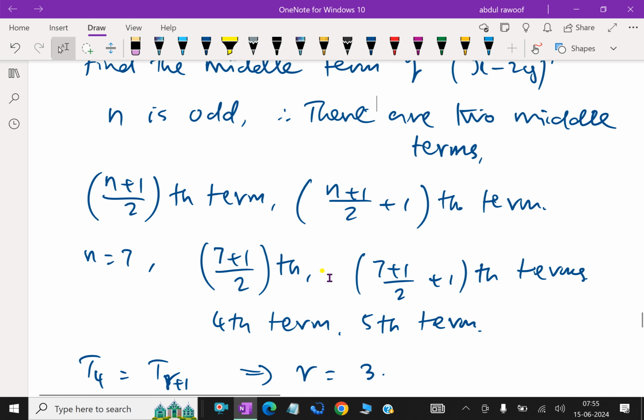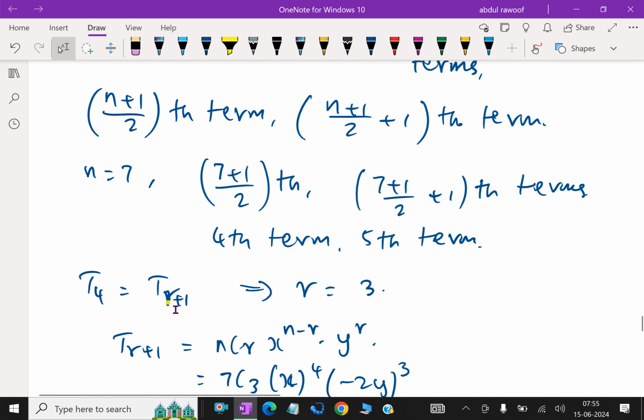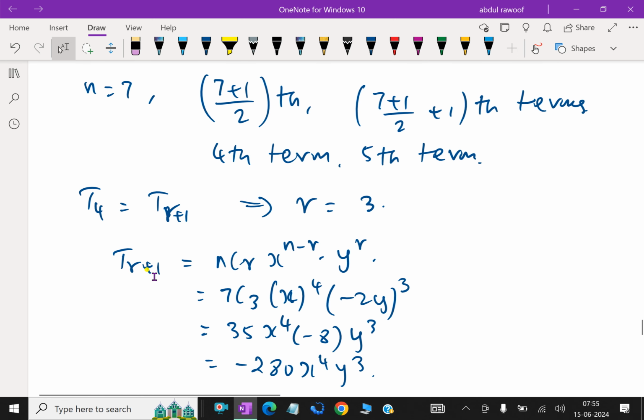Now the fourth term, t4, equals t(r plus 1) where r equals 3, because 4 is 3 plus 1. The (r plus 1)th term is nCr x power n minus r into y power r.